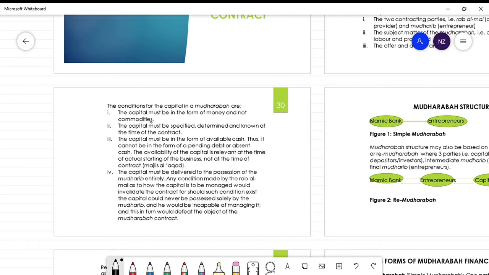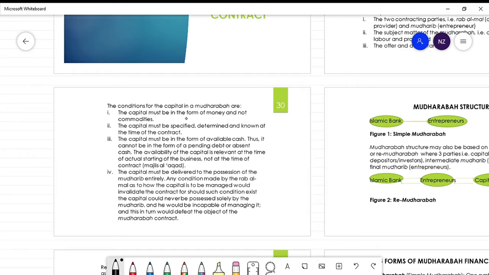So it is said that the capital must be in the form of money and not commodities, meaning the capital yang the bank want to provide to the entrepreneur must be in the form of money. It should not be in the form of like materials, food, so commodities lah.